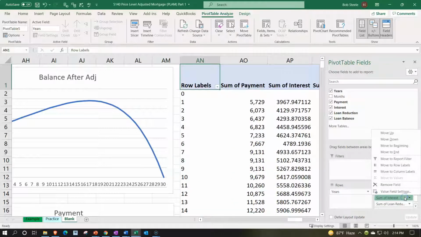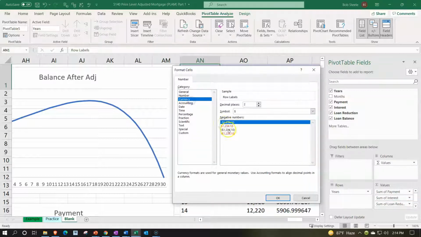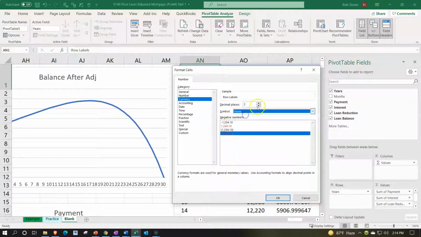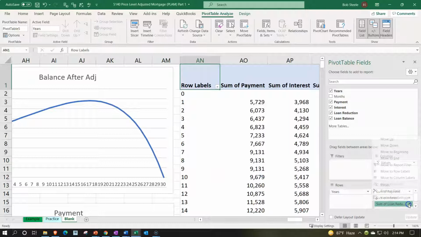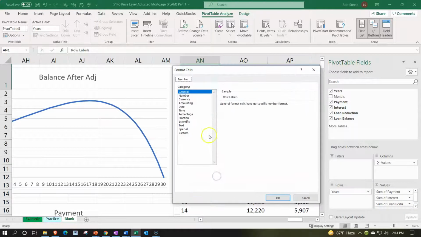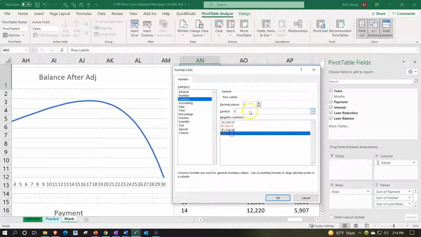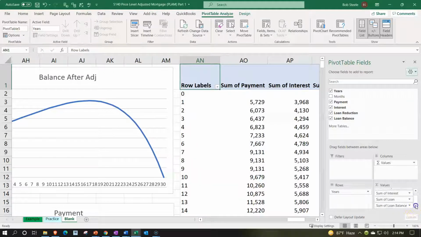Okay. Second one, we're going to say number format, currency, brackets, no dollar sign, no decimals. Next one, value field, number format, currency, brackets, no dollar sign, no decimals. The last one has the twisty on it.